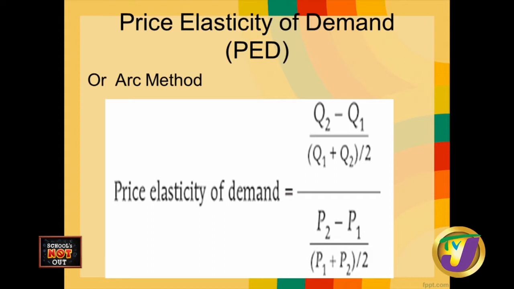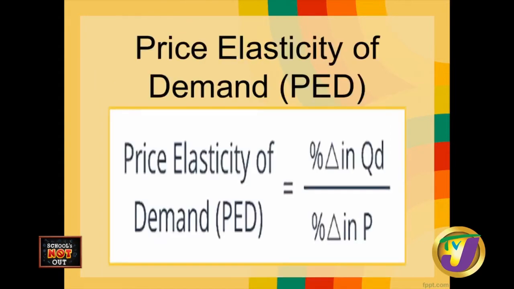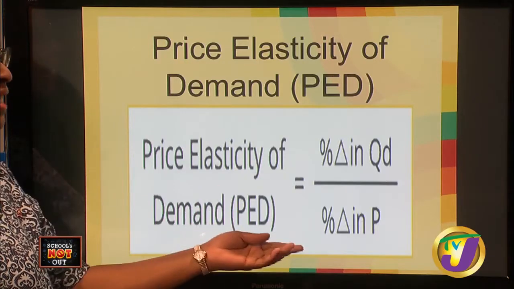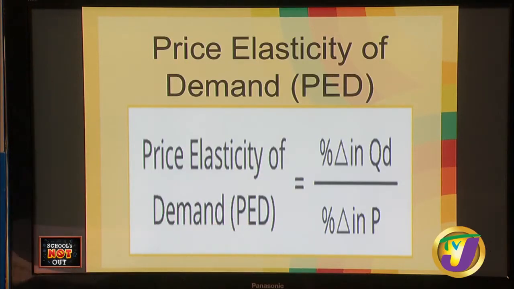This is a more complex method. However, in exams, unless they specifically ask you for this method, the more common method is used to calculate price elasticity of demand, which is the percentage change in quantity demanded divided by the percentage change in price.